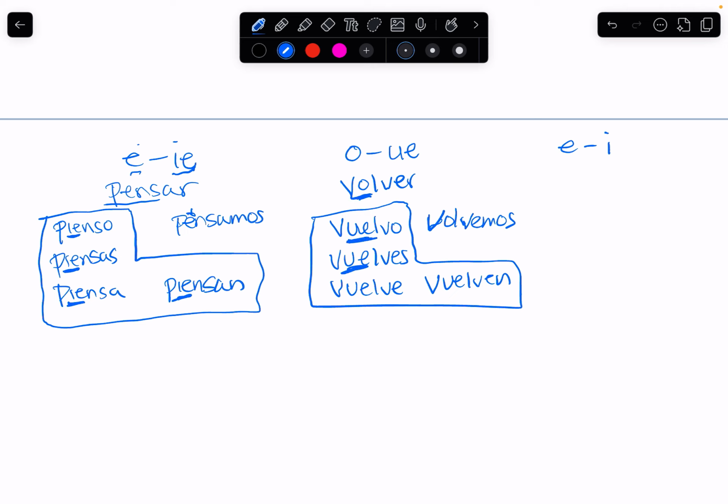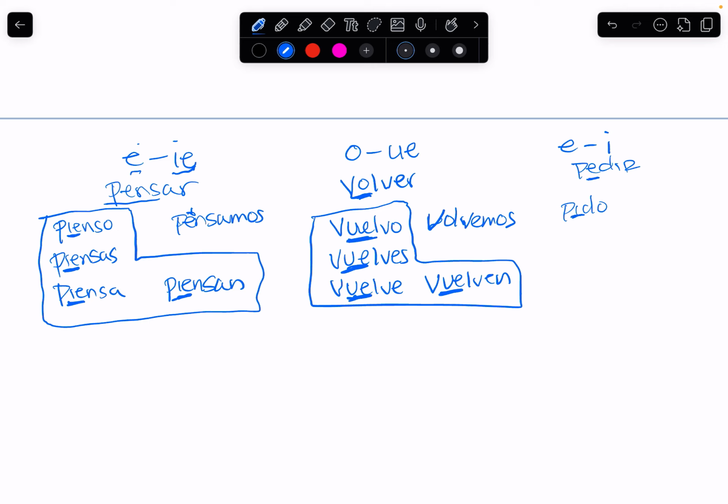And then you have E to I. An example of this is pedir. It has that E there. Pedir means to ask for or to order. So you have pido.